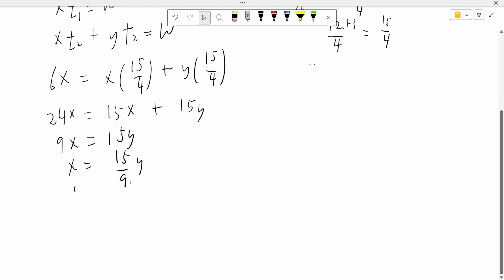If you plug in any arbitrary number for y, say 1, then it's 1 times this fraction, which is bigger than 1. So x is going to be bigger than 1. So it means Alice is working faster than Ben.